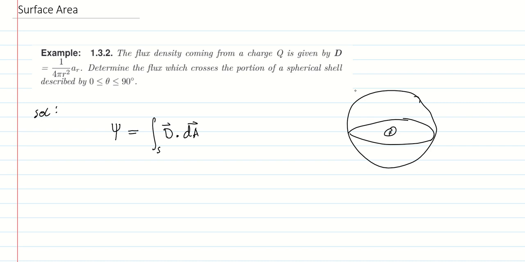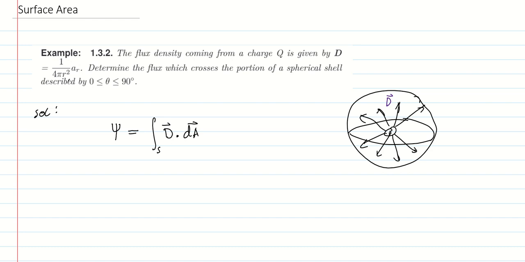And then the result will be a flux density. The direction of the flux density is going outward, because it's just a_r. The vector field that represents that is just equal to a_r. So that's the direction of D. That is our D, that vector field.